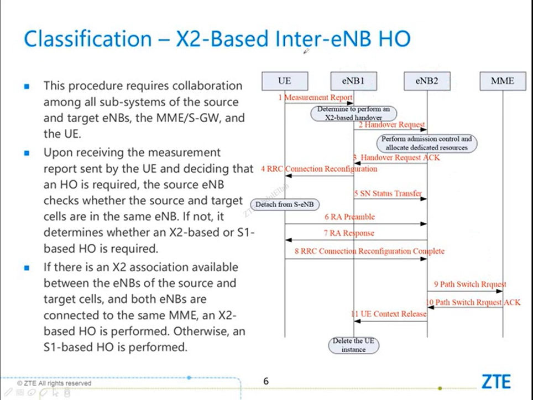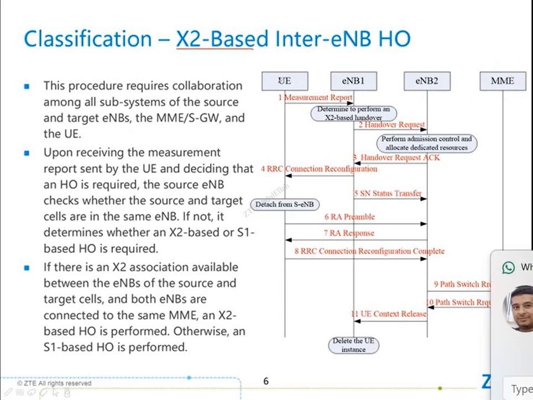The first type is X2 based inter-E-node-B handover. If E-node-B 1 and E-node-B 2 have an X2 interface, it will trigger X2 based inter-E-node-B handover. If they don't have an X2 interface, we will trigger S1 based inter-E-node-B handover. If we use S1 based handover, it needs the core network.